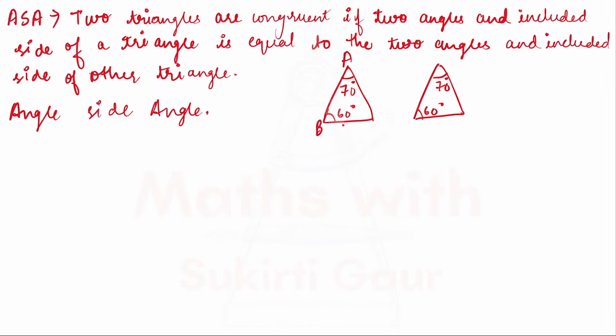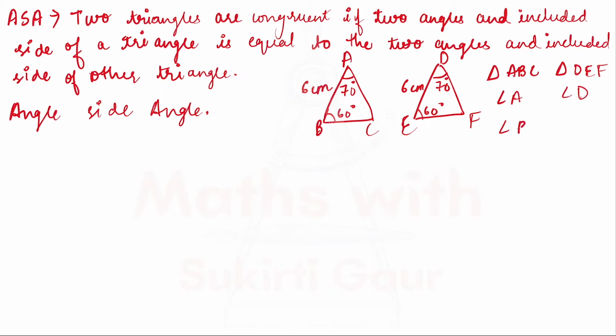If I name this triangle as ABC, this as DEF, if I give this AB as 6 centimeter and this also DE as 6 centimeter, you can see that in triangles ABC and DEF, we have angle A equals to angle D, angle B equals to angle E, and a side in between them, that is AB here and DE here, they all are equal, right?